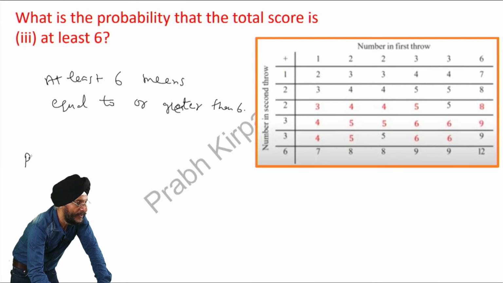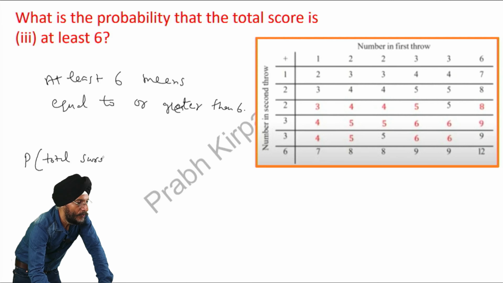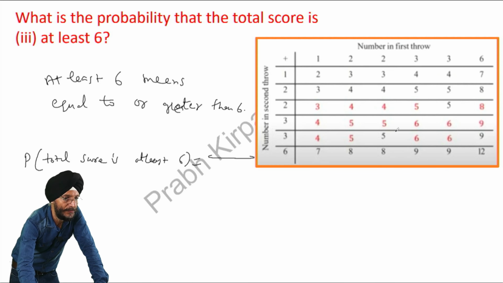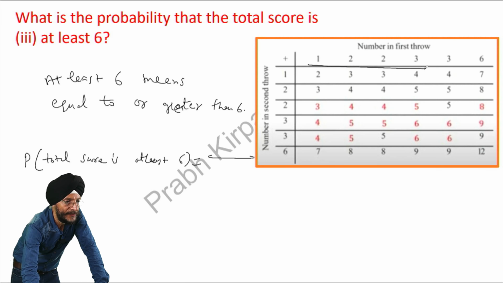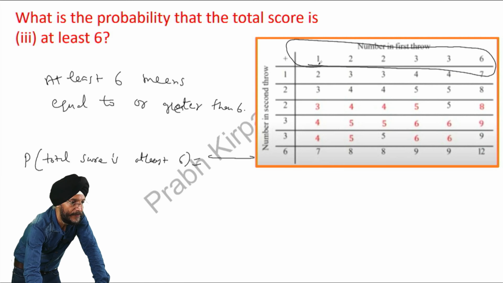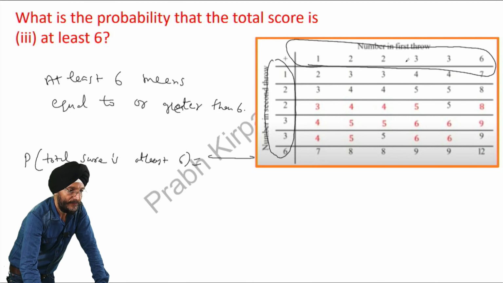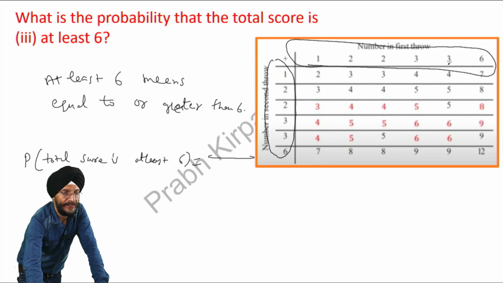So here the probability that the total score is at least 6 is equal to number of favorable outcomes. Number of favorable outcomes we will find out. We are not to count the first line, because these are the only numbers which were appearing on the dice.